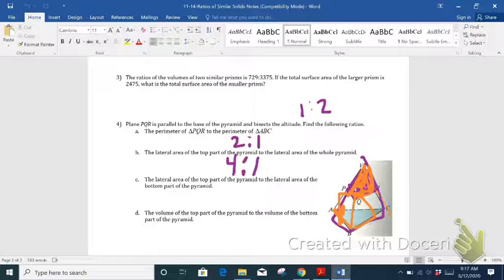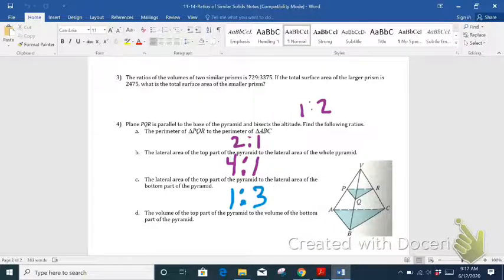So again, the bottom part of the pyramid is made up of 3 top parts of the pyramid because the whole pyramid is made up of 4 top parts of the pyramid. So we're going to write that as the lateral area of the top part of the pyramid to the lateral area of the bottom part of the pyramid is going to be 1 to 3.